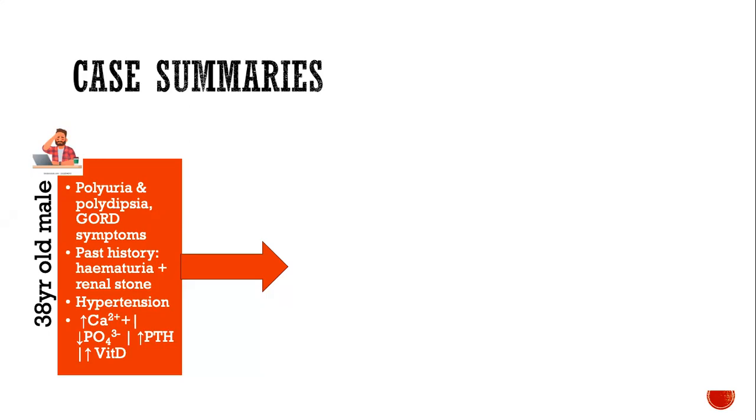So with those investigations, we found that there is hypercalcemia. Therefore, together with that finding, we did serum phosphate, PTH, and vitamin D levels to make the interpretation easier. So we found that there is hypercalcemia with hypophosphatemia, increased PTH, and increased vitamin D.